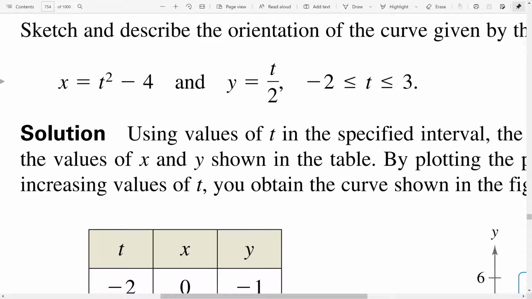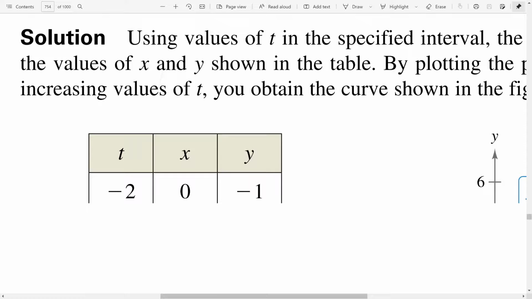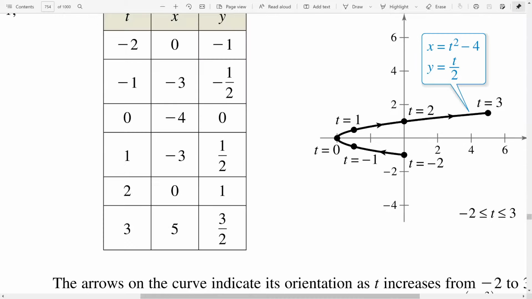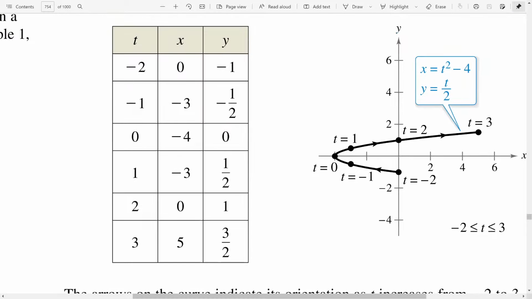we do have a restriction on t, only from -2 to 3. So we can put values from -2 to 3 for the t column, and then we use those values to figure out the values of x and y. Once you have those values, you can plot the points and connect the dots from there.